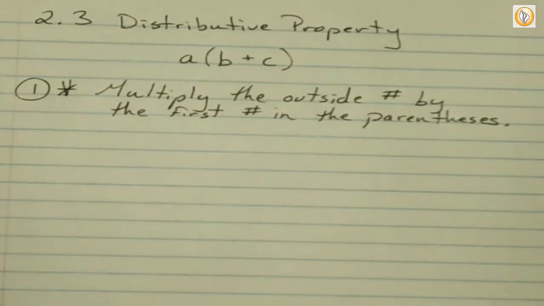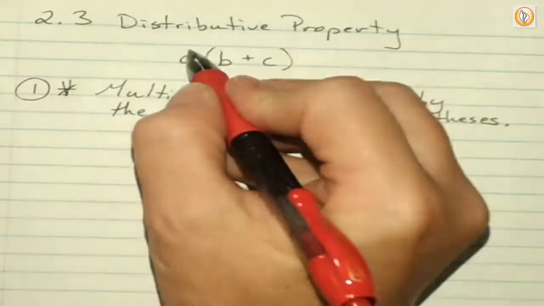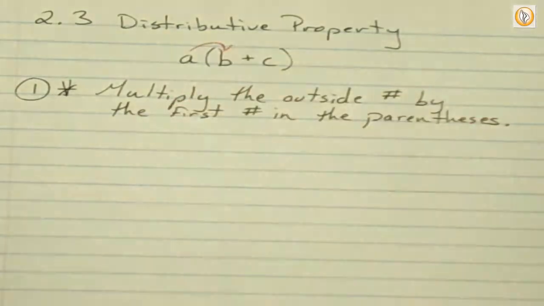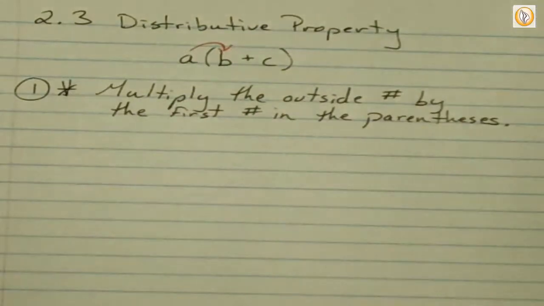So multiply the outside number by the first number in the parentheses. What this is saying is you're multiplying this A with the B. See my red arrow?